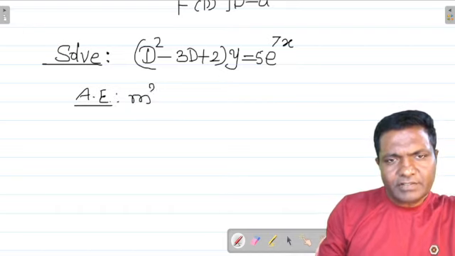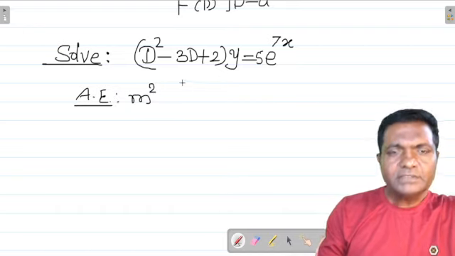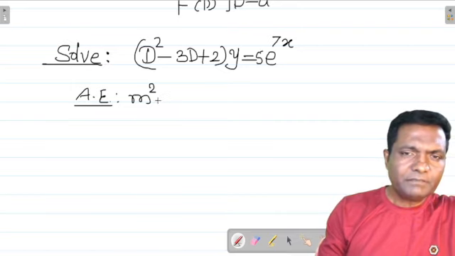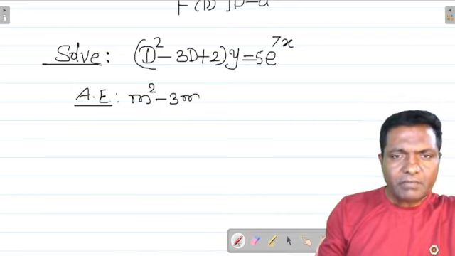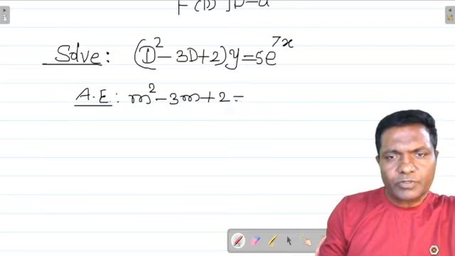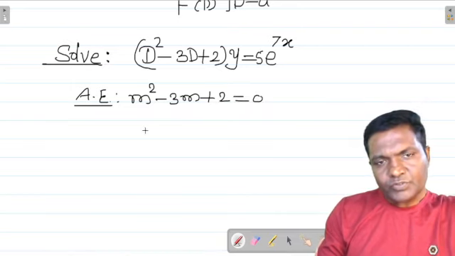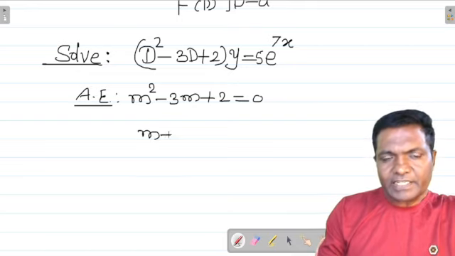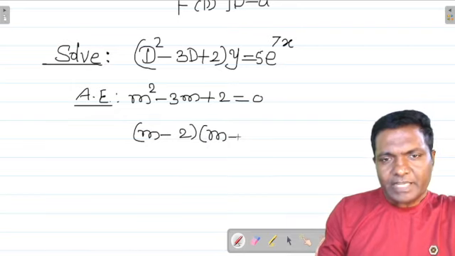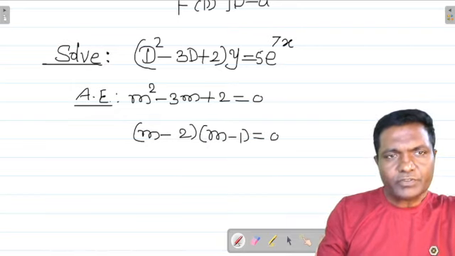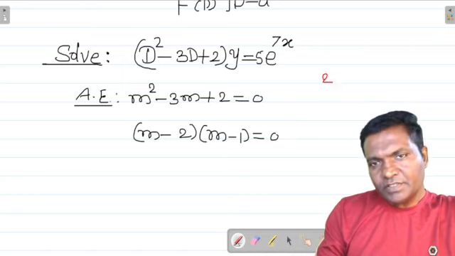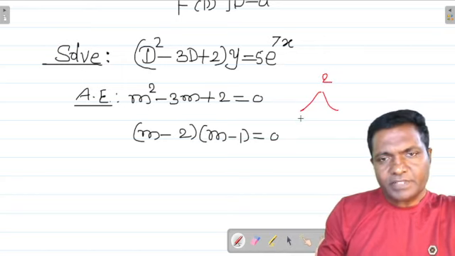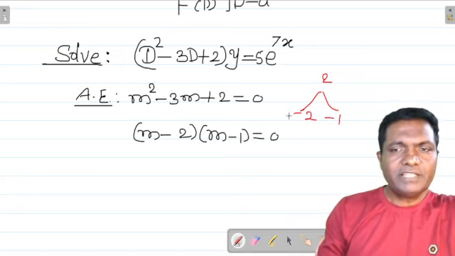Auxiliary equation means you equate the coefficient part to 0 by replacing D as m. So m square minus 3m plus 2 equal to 0. Factorize this. The factors are m minus 2 and m minus 1 equal to 0, because 2 can be split as minus 2 and minus 1, whose sum is minus 3 and product is 2.